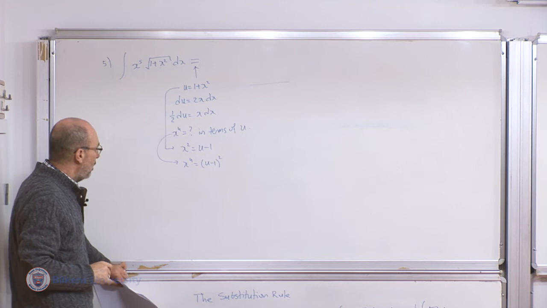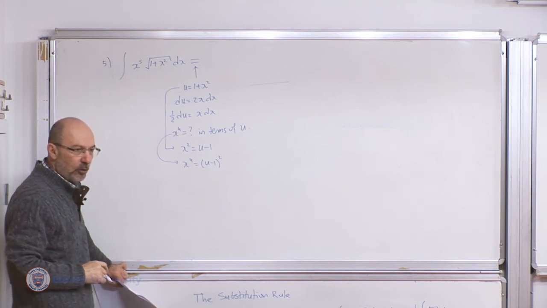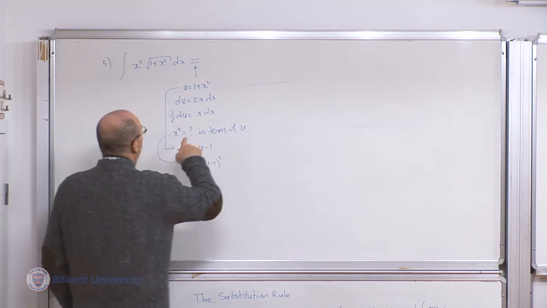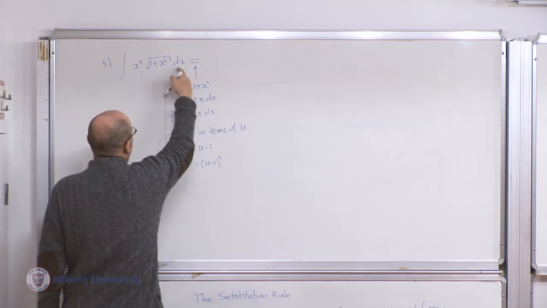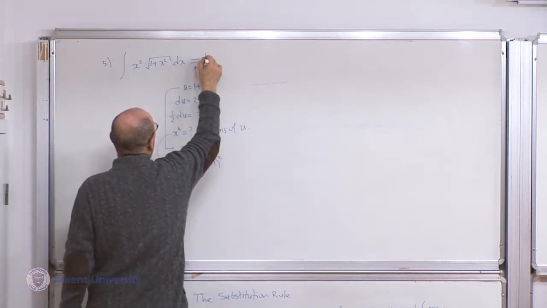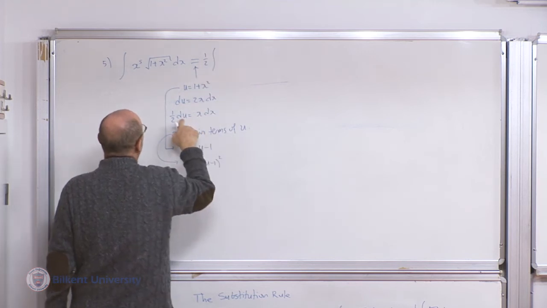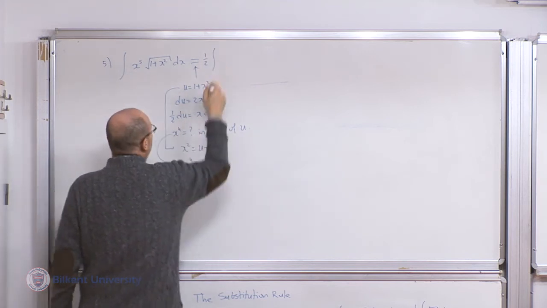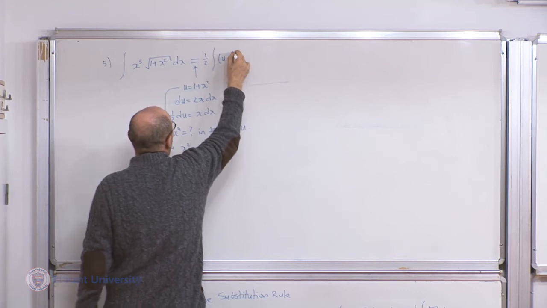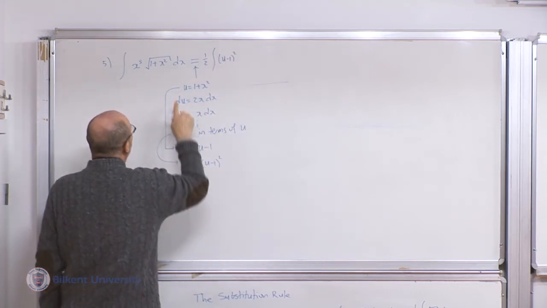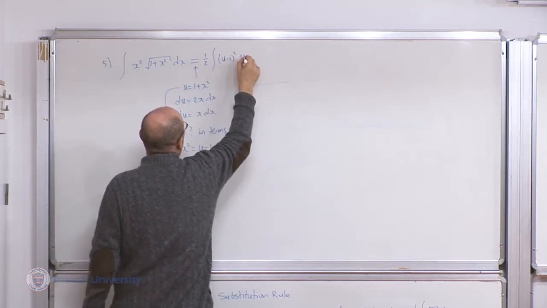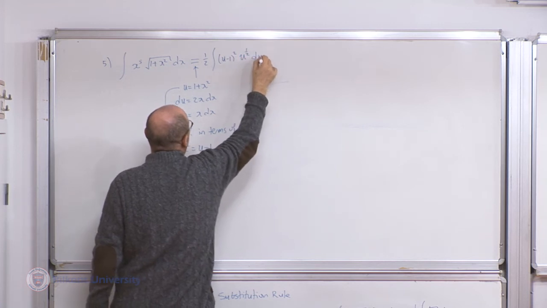It looks like we have changed everything to u, and now we put it in and hope that we can understand the new integral better than this one. Now the x dx part will give me 1 over 2 times du. And here I have u minus 1 squared, and here I have u to the power 1 over 2 du.